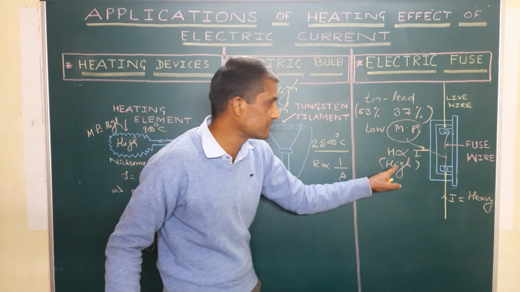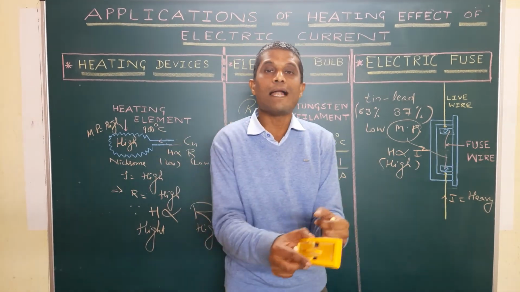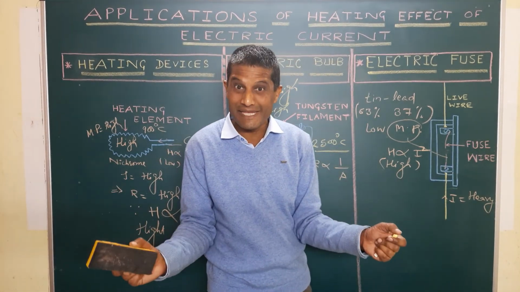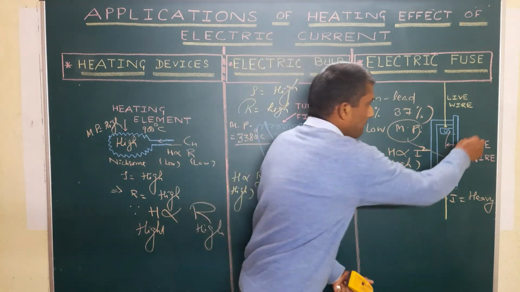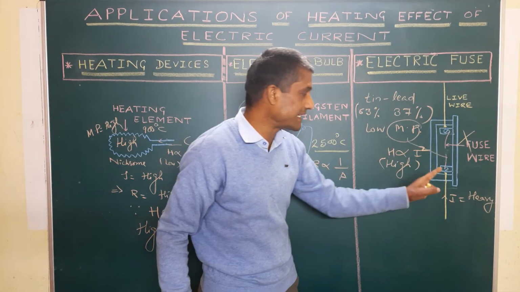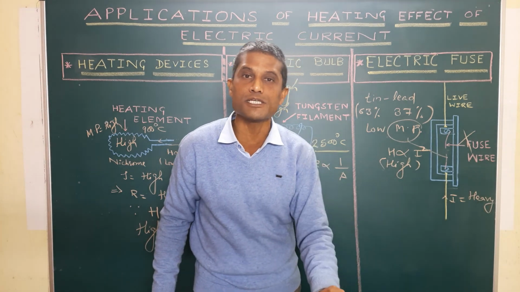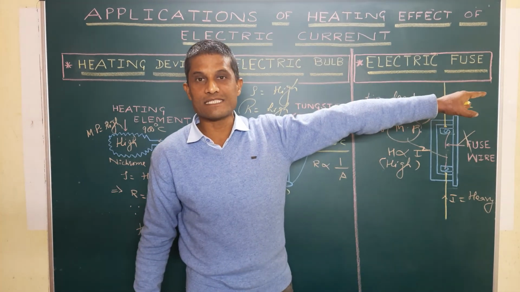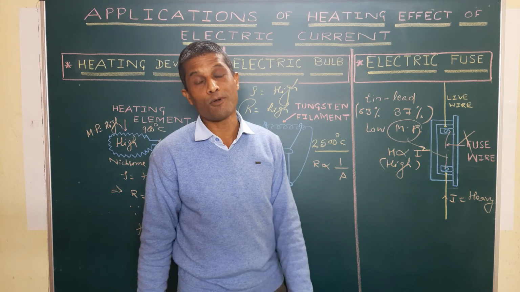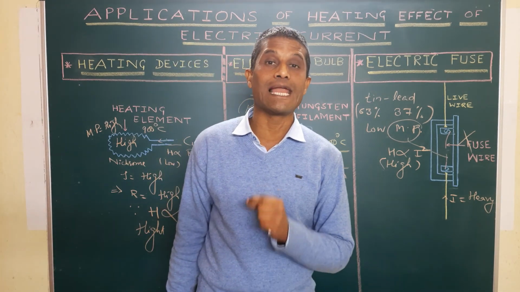That much heat will melt the fuse wire and break the circuit, thereby stopping the supply of heavy current to the electric appliances and saving them from the excessive flow of electric current.